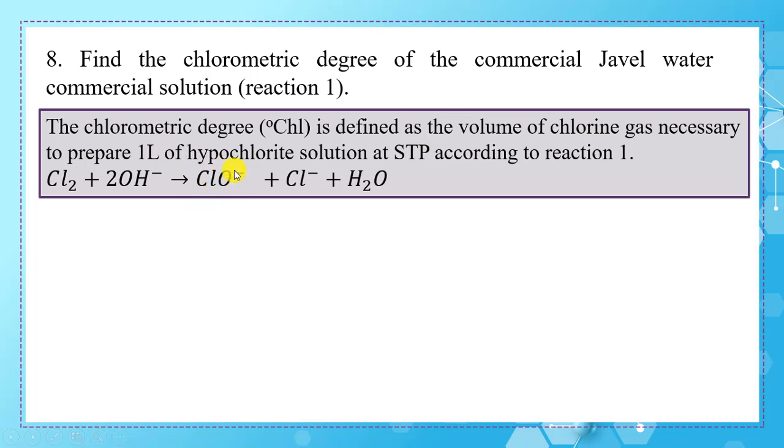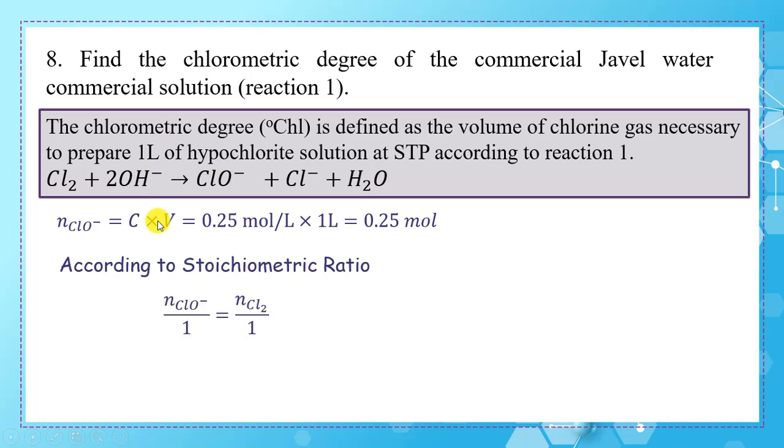If we know the number of moles of ClO-, we can know the number of moles of Cl2. The stoichiometric relation between ClO- and Cl2 enables us to determine the number of moles of Cl2. We notice that the number of moles of ClO-, equal to C times V, is 0.25 mole. This is because the volume of hypochlorite solution is 1 liter.